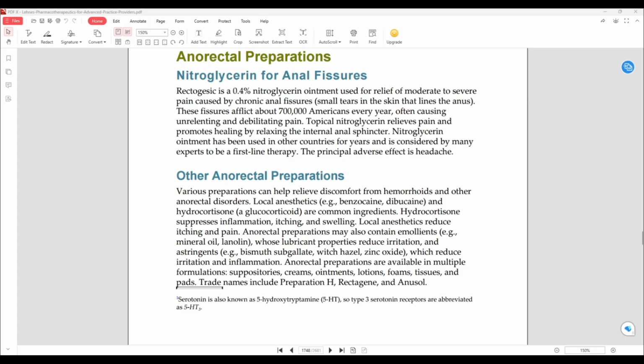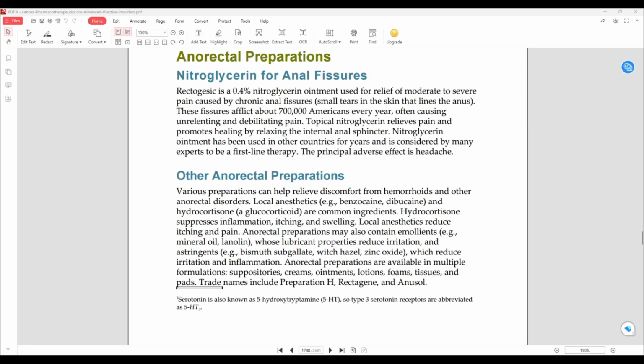Other anorectal preparations include various preparations that can help relieve discomfort from hemorrhoids and other anorectal disorders. Local anesthetics, such as benzocaine and dibucaine, and hydrocortisone or another glucocorticoid are common ingredients. Hydrocortisone suppresses inflammation, itching, and swelling. Local anesthetics reduce itching and pain.